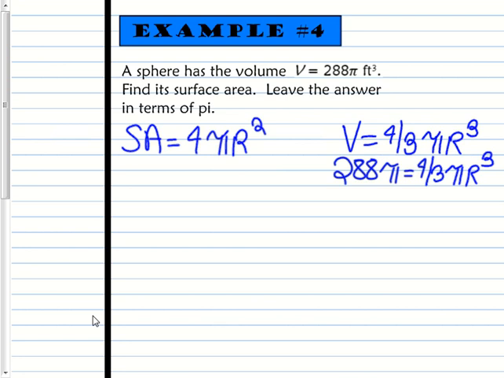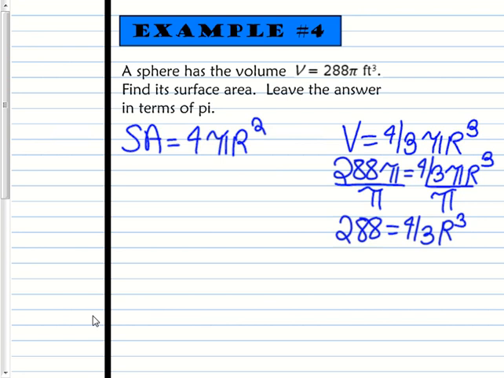Okay? I'm going to get rid of everything that I can in order to get the radius by itself, since that's what I need. The first thing that I'm going to do is divide both sides by pi. And by dividing both sides by pi, I quickly just get 288 equals 4/3 radius cubed. Okay? Divided the right side by pi, divided the left side by pi. Got rid of it.